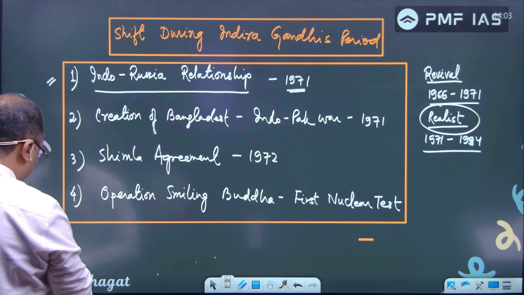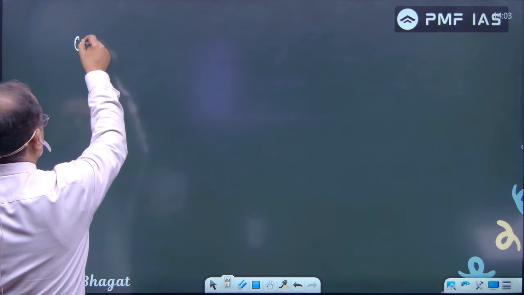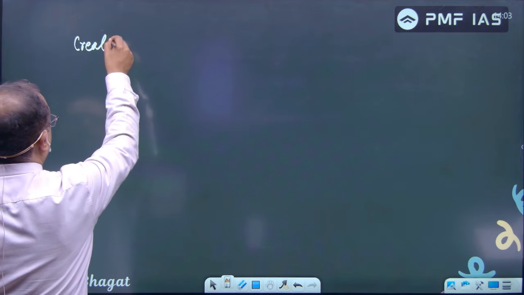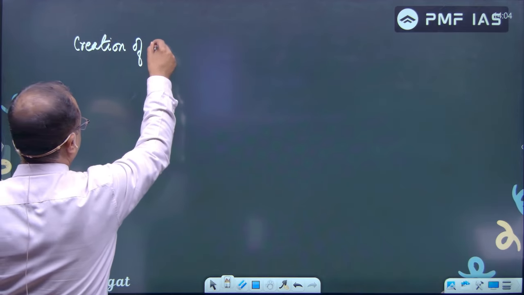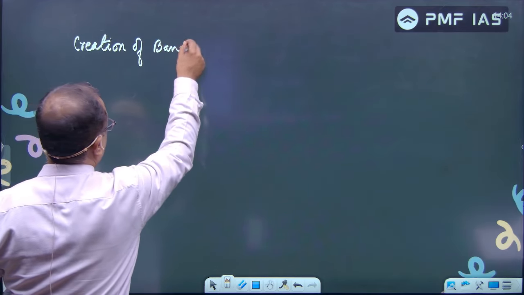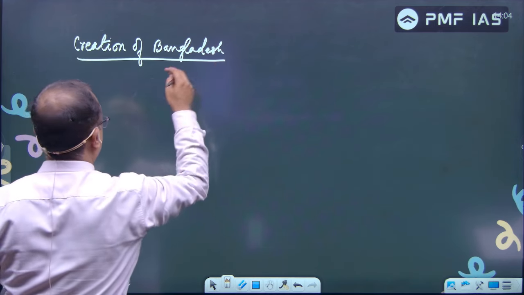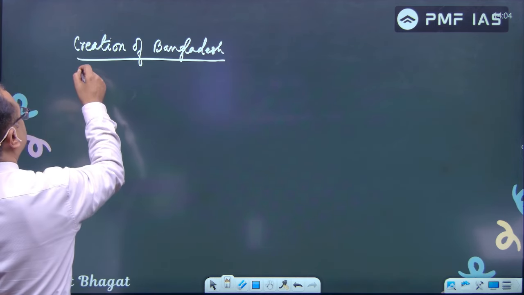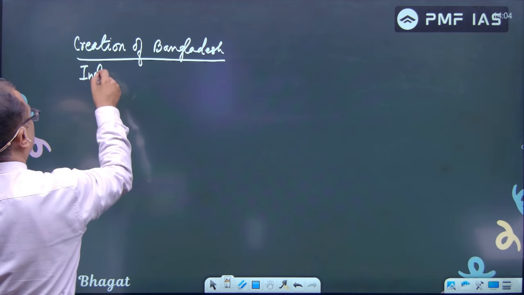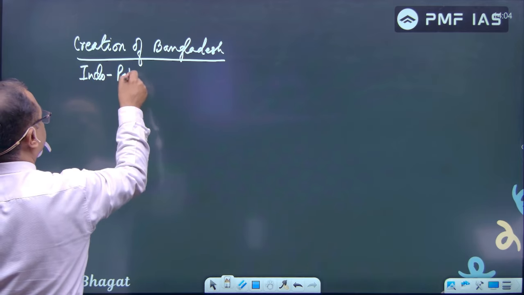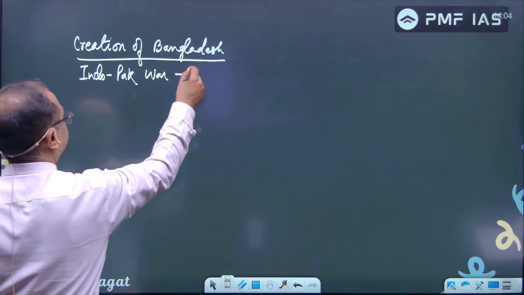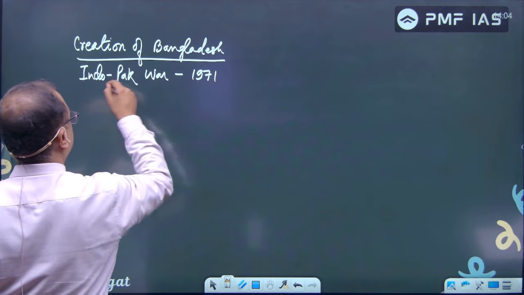Now next, the biggest achievement of Indira Gandhi's period was the creation of Bangladesh. It is also the Indo-Pak War, 1971.